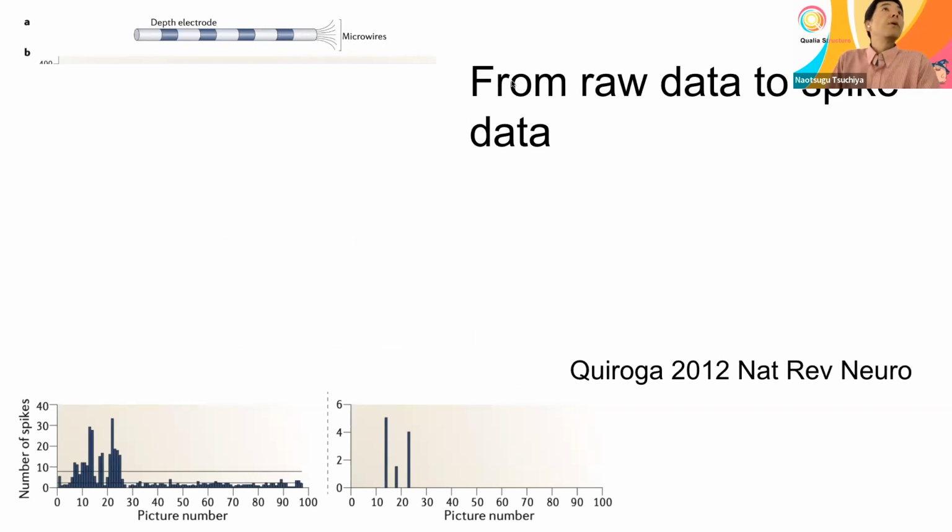So at the top, what you see here is the type of electrodes that are placed in epilepsy patients whose epilepsy focus is suspected to be around the hippocampus or amygdala and so on.